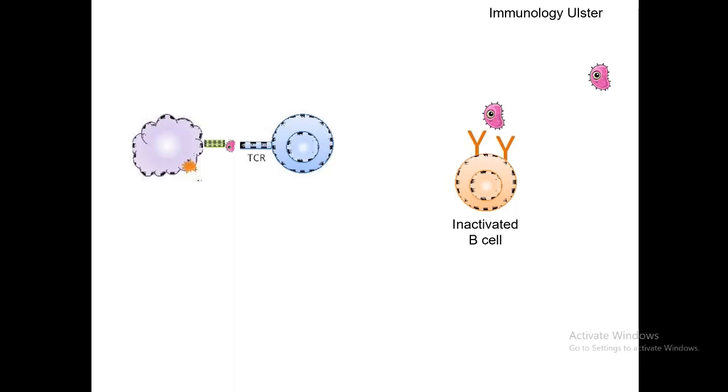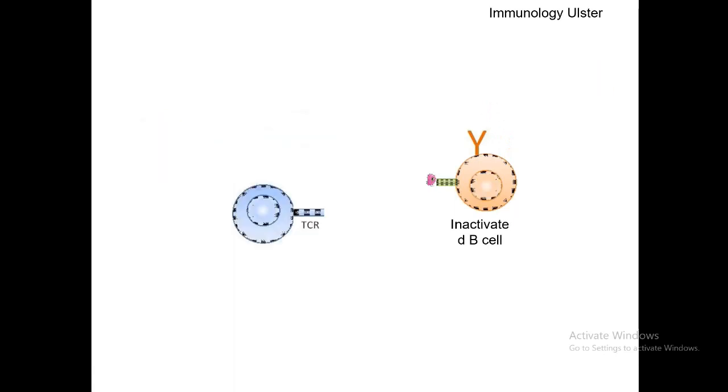And what will happen is the bacteria will attach to the B cell receptor, and the B cell will internalize the B cell receptor with the attached bacteria, break down the bacteria, and present it on MHC2. Okay?